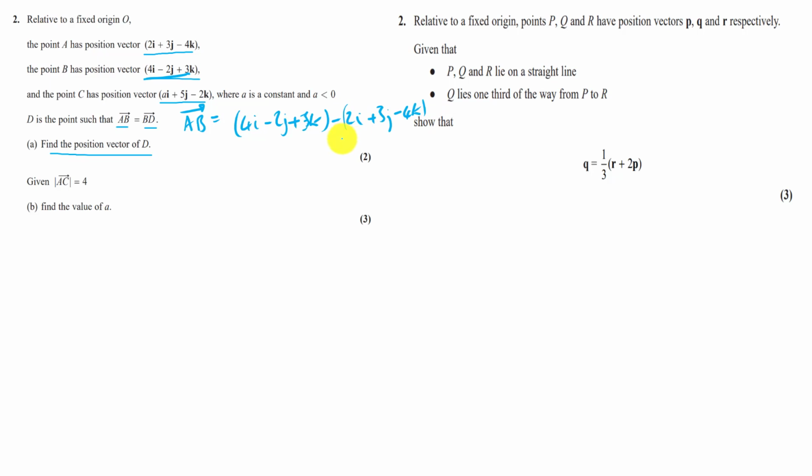Do you put that in a bracket? Now it depends how you want to write that. You can write that in vector form, but I know that is going to give us 2i minus 5j plus 3k minus 4.